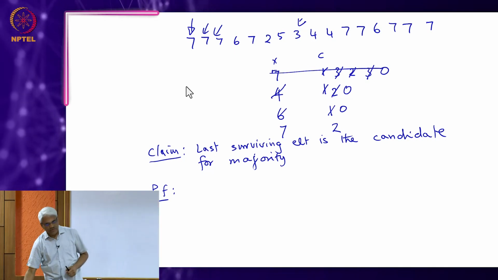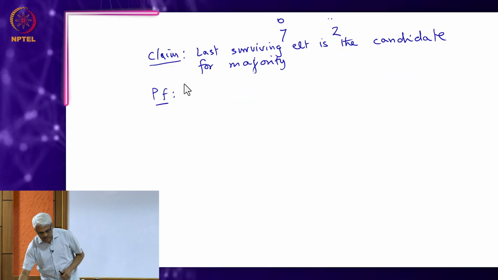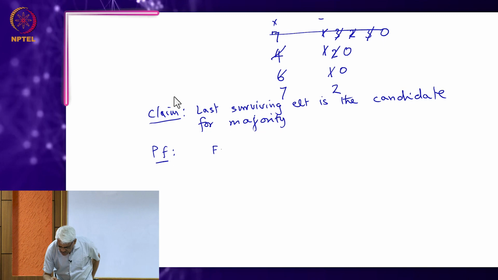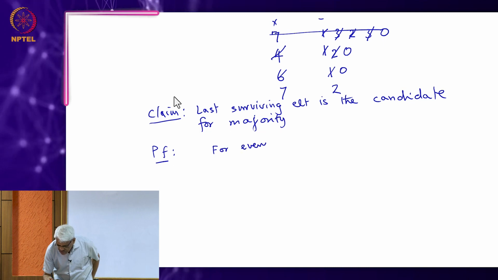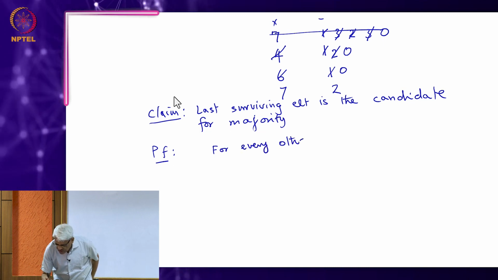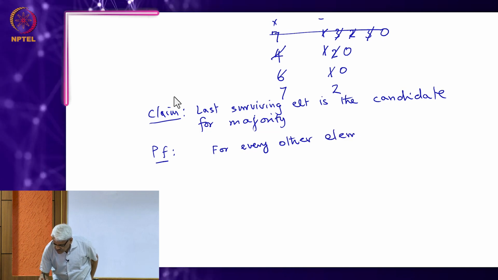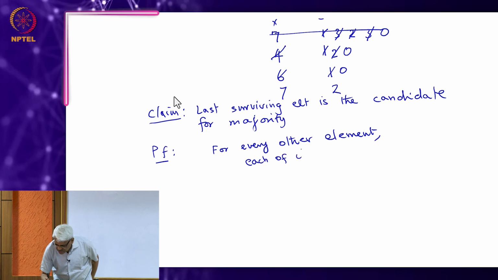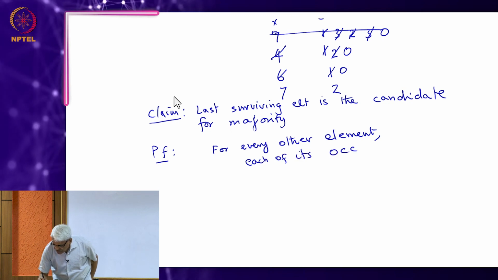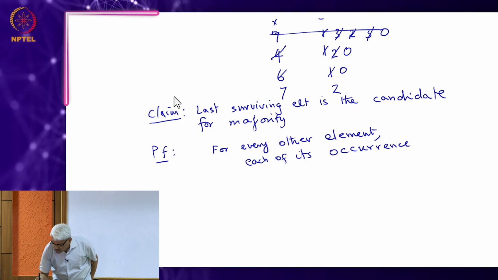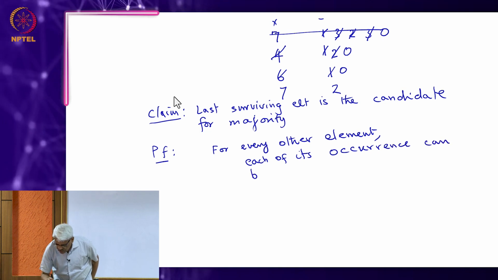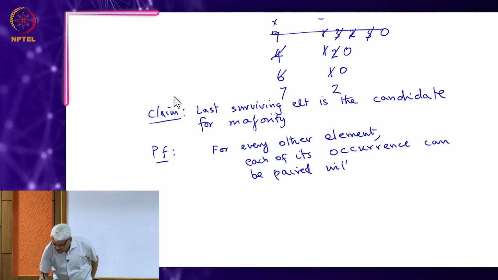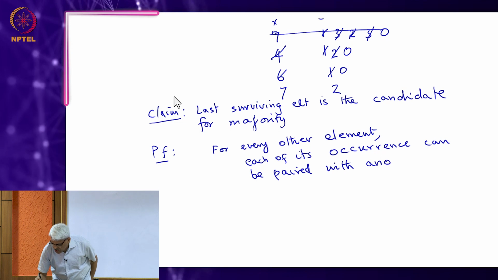Now, a slight generalization of this problem, and it's very interesting. Okay, so maybe I'll write this: for every other element, each of its occurrence can be paired with another element not equal to it.